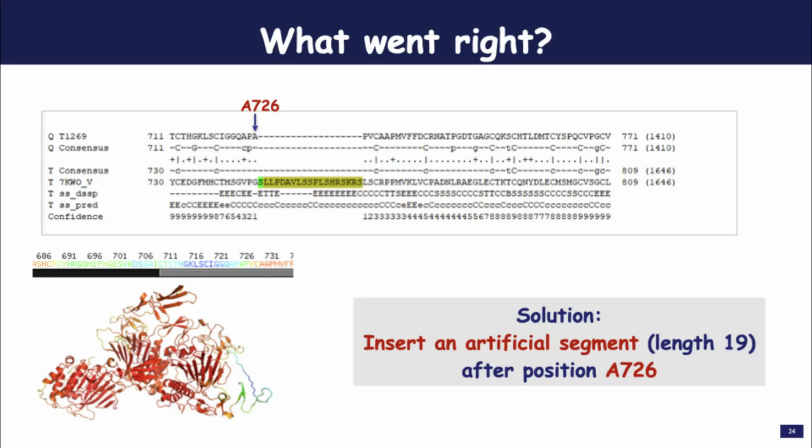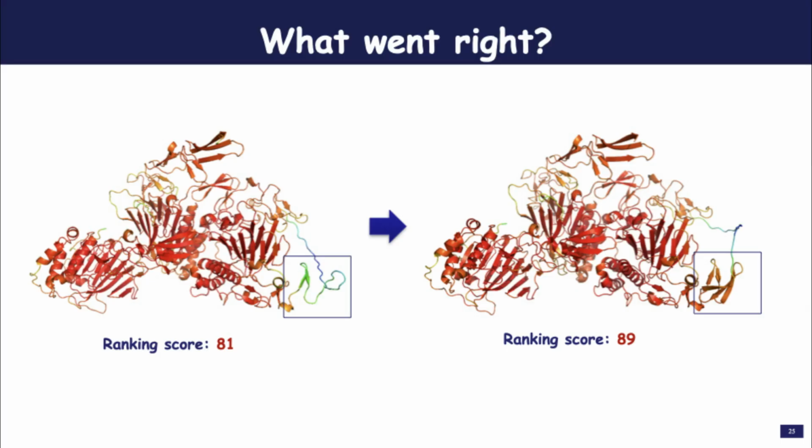So this is what happened. When we submitted this new sequence to the AlphaFold 3 server, and the same for AlphaFold 2, you can see the confidence score improved significantly, from 19 to about 81. Especially if you look at this region, you can see the model gets improved significantly. And this blue region maps to the inserted segment.